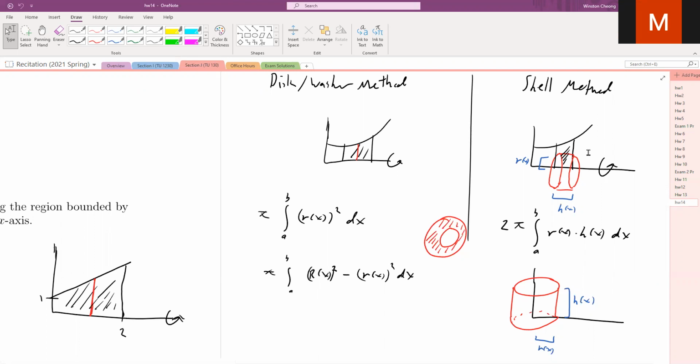Okay. And how would you read the shell method? What would a question look like, I guess? I mean, they look like the other 2 pages of the problem set. Okay, so we'll go over that next. Yeah, they look really similar.